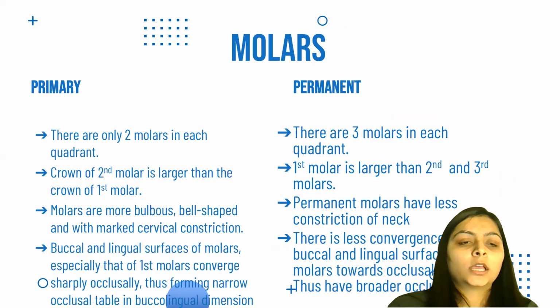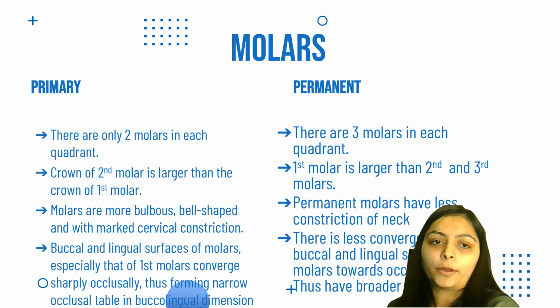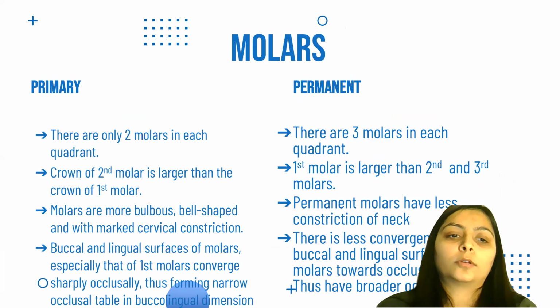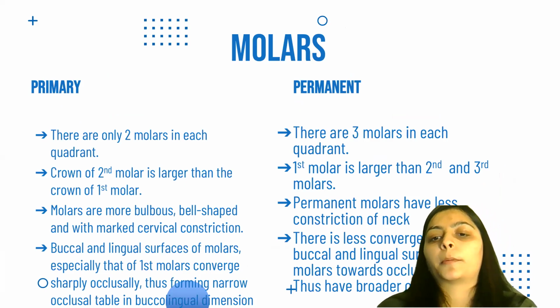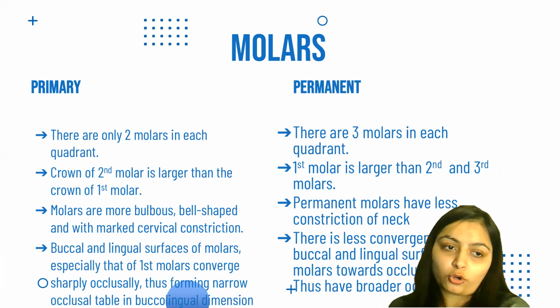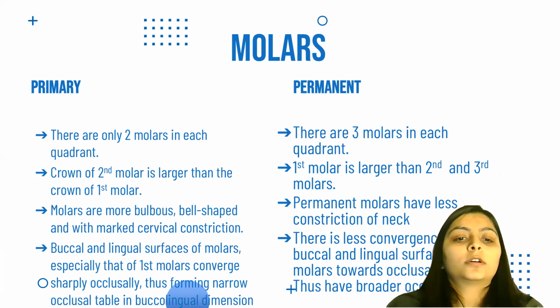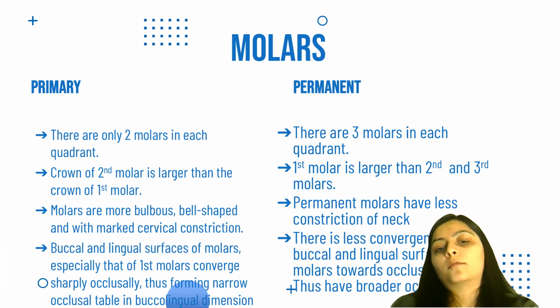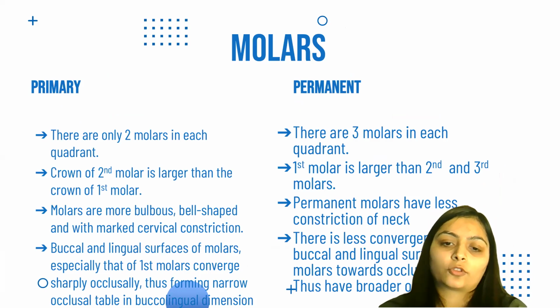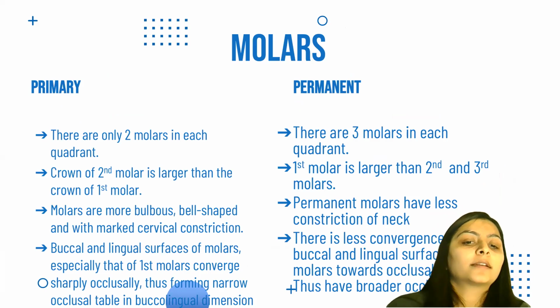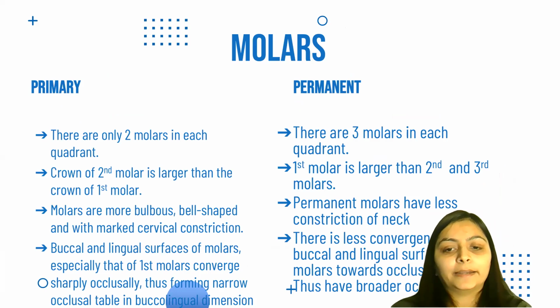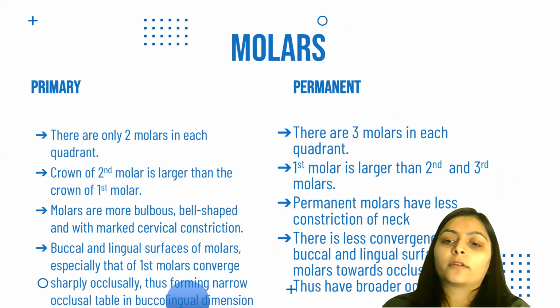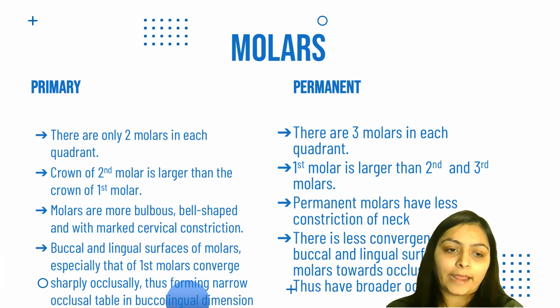You can see that. Molars, primary and permanent. Primary have two molars, but in permanent, we have three molars in each quadrant. The crown of the second molar is larger than the crown of the first molar in primary, but the first molar is larger than the second and third molars in permanent. Molars are more bulbous, well-shaped with a marked cervical constriction in primary teeth, whereas permanent molars have less constriction of the neck.